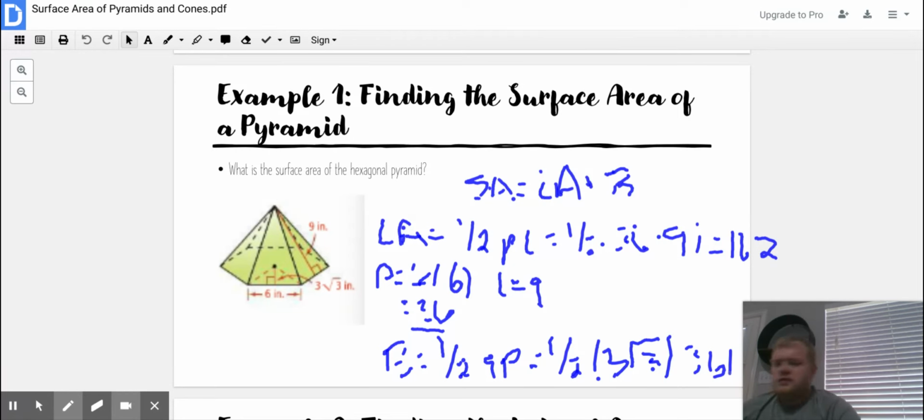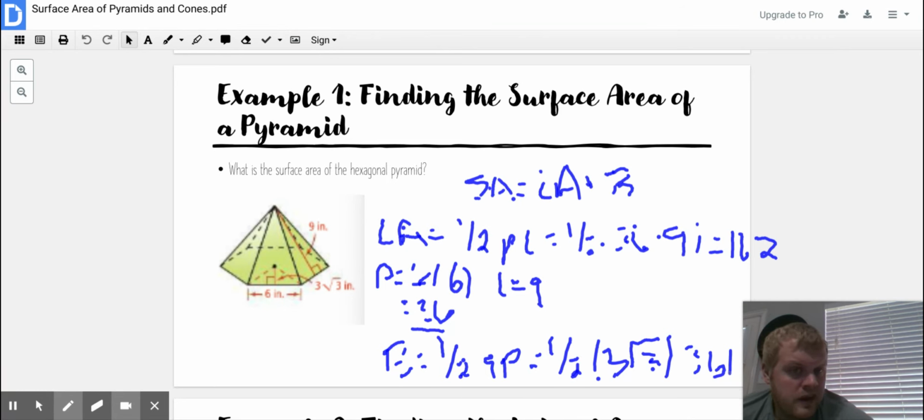So we have 36 times 3 radical 3, take half of that. Since it's not saying to leave it in radical form, we're going to put it in decimal form. So I'm going to multiply that: 24 times radical 3. Then I got 41.57-ish.